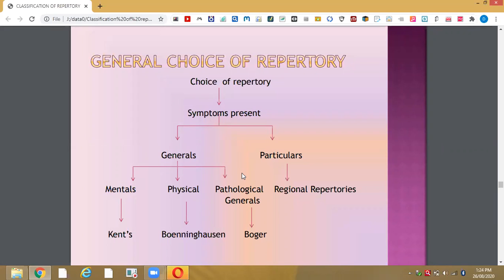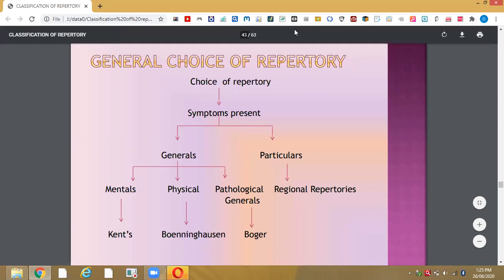Then we choose the repertories of Boenninghausen, that is Boenninghausen's Therapeutic Pocket Book, Boger Boenninghausen's Characteristic Repertory, and Boenninghausen's Synoptic Key. When the symptoms are pathological generals in the case, then we choose the BBCR, that is Boger Boenninghausen's Characteristic Repertory, because in this repertory, BBCR, we find many pathological rubrics.